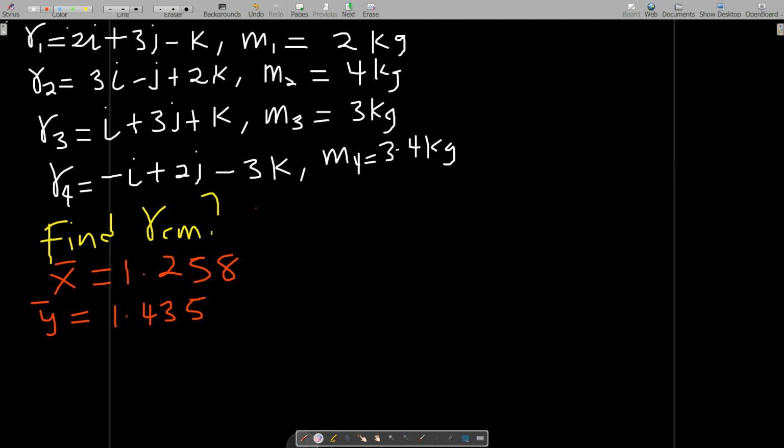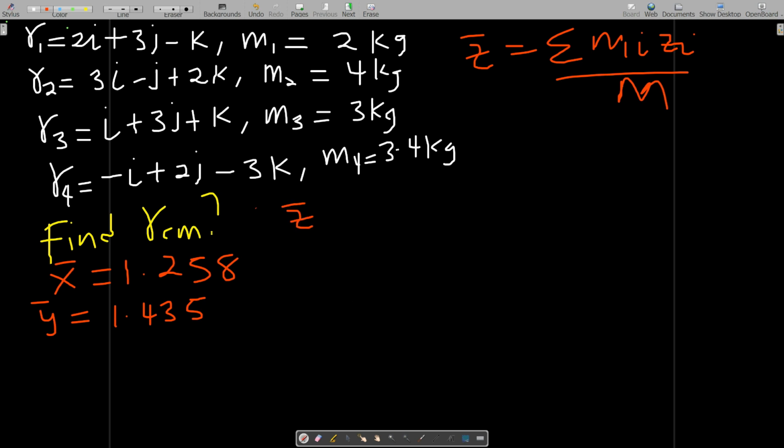Now our z bar is also equal to the summation of m_i z_i over the total mass. This means z bar is equal to the summation of m_i. So I pick the first mass, 2. What is the z component in the first particle? It is -1.